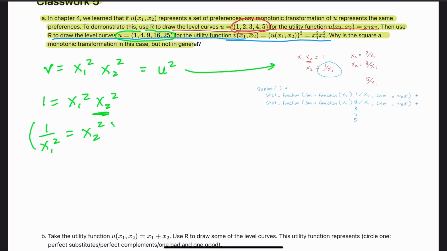And I can take the square root of the whole thing to get x2 is the square root of 1 over x1 squared. And of course, this simplifies to 1 over x1, which is the same thing as here. So we shouldn't be surprised that it leads to the same indifference curves.